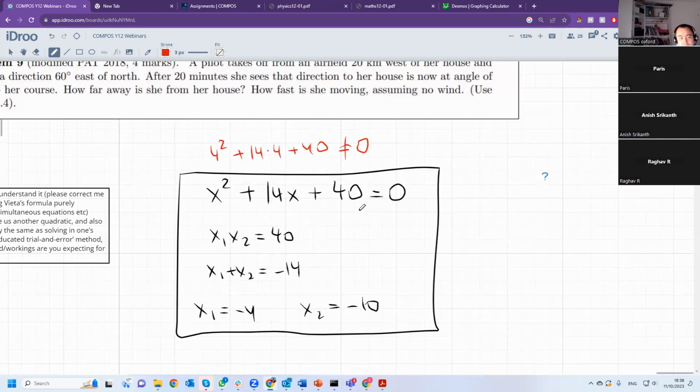If your coefficients are positive, there's no chance that your answer is positive. So if your coefficients are positive, your answer has to be negative. And the same for -10, it doesn't work.